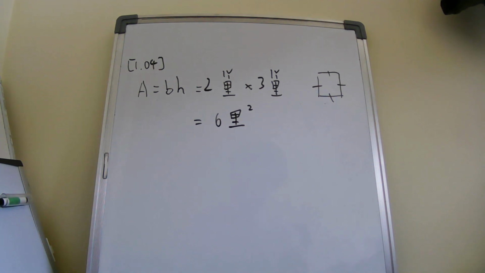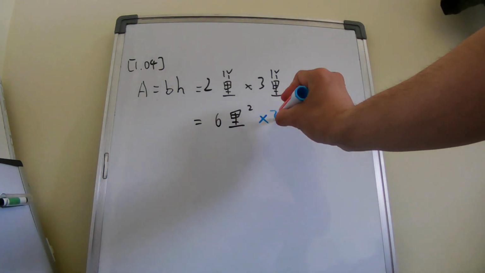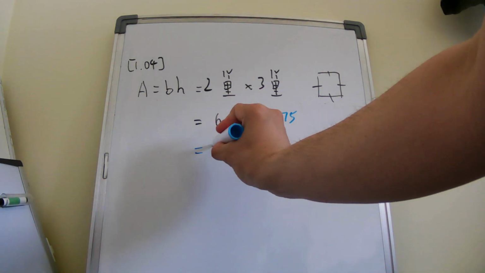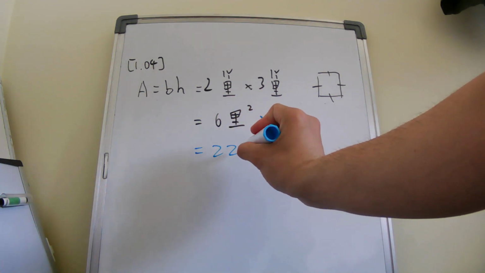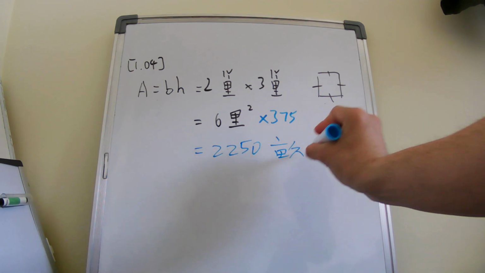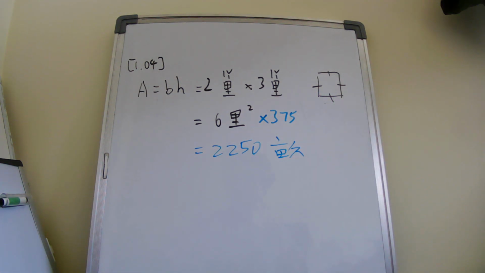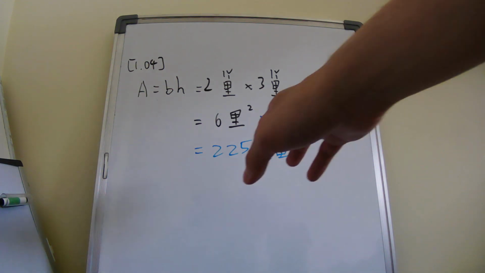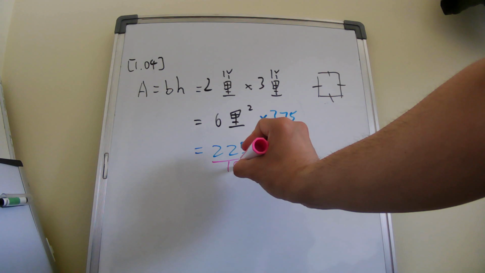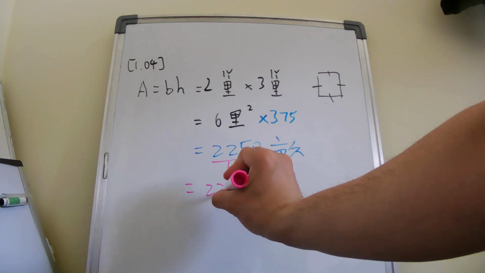And the instructions tell us to multiply by 375. This will give us 2,250 mu. That's the amount of Chinese acres, mu. Once again, 100 mu is equal to 1 qǐng, so we can just divide by 100 here, and we get 22.50.